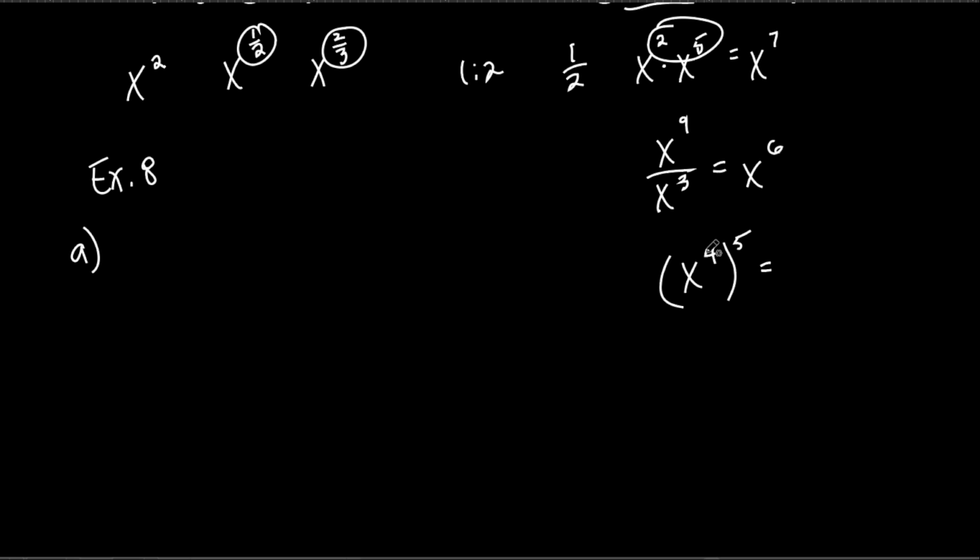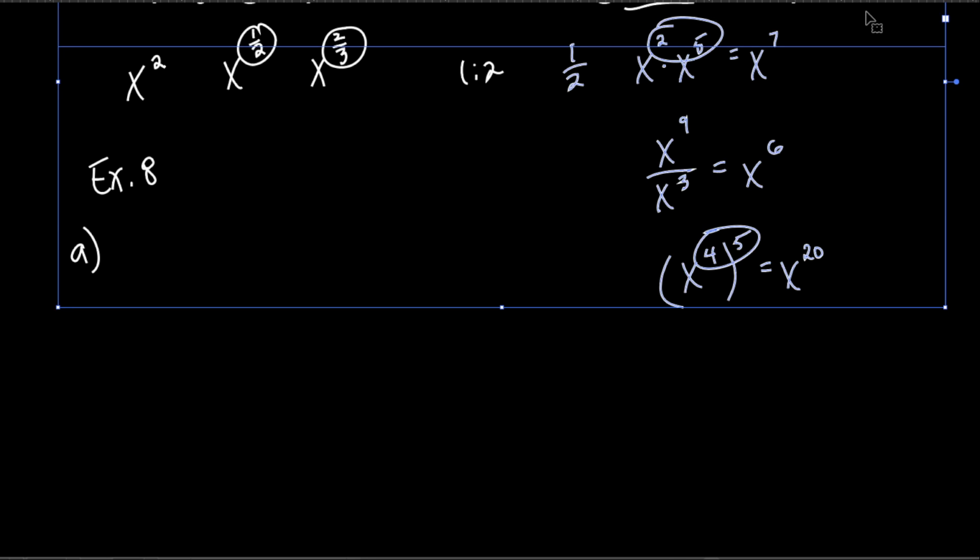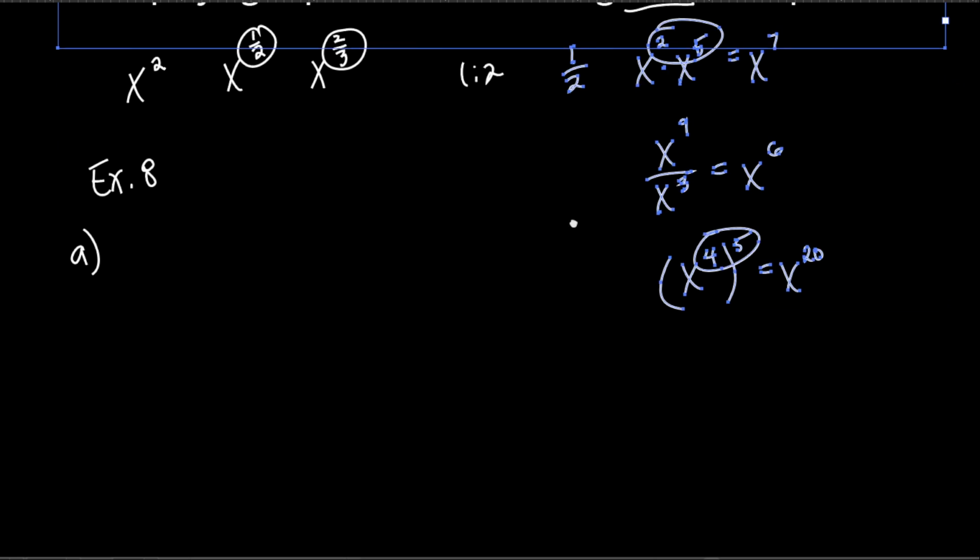When you have an exponent being taken to another power, I hope everybody's listening, you multiply these exponents right there. So this is x to the 20th. Those are some basic rules that we should have remembered. Apparently not everybody has. But now that I showed them to you, it should come back to you.